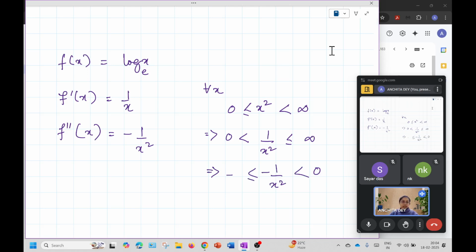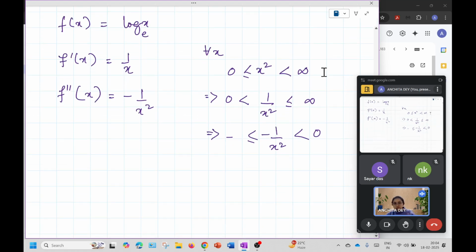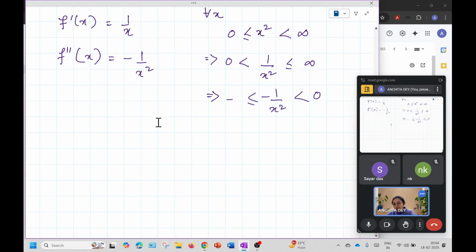The equality sign we will ignore for now, which simply means it will be undefined. But what we mainly focus on is that this is less than 0. So it's easy to cancel this condition because we wanted it to be non-negative, and it turns out f''(x) is negative.